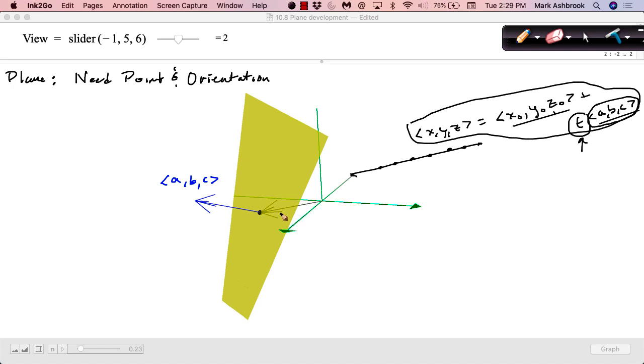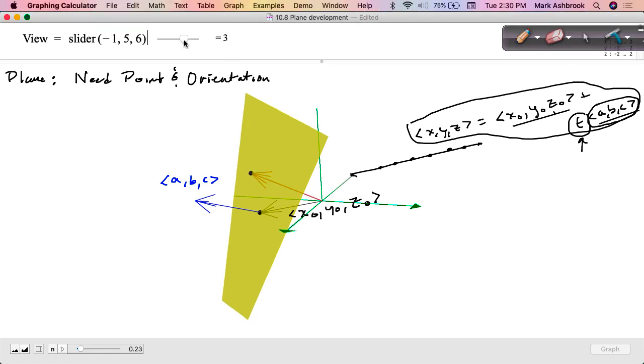What does this vector represent? It's a position vector that gives me my point in the plane. So it's like my x naught, y naught, z naught, my given point, which could be any given point in the plane. And this red vector, like the red vector I had before for the line, is going to be every point in the plane.